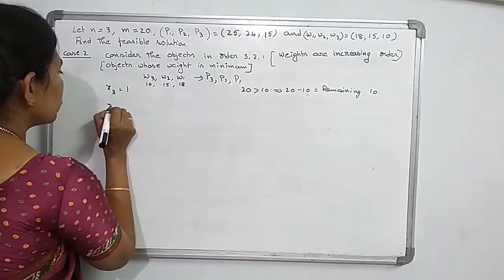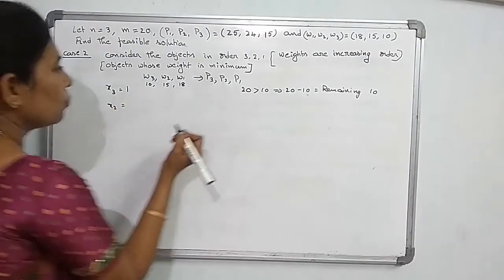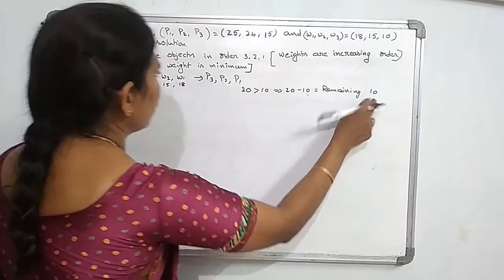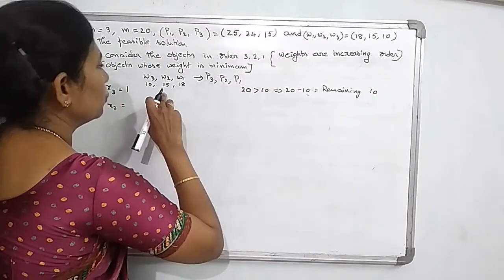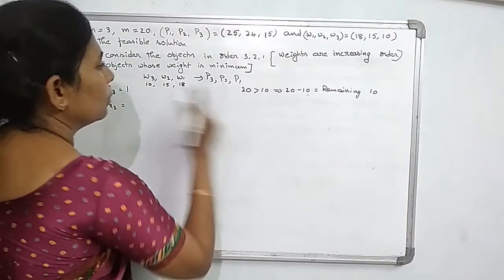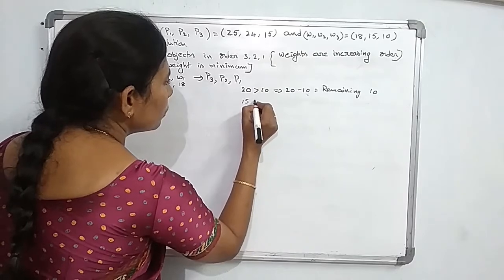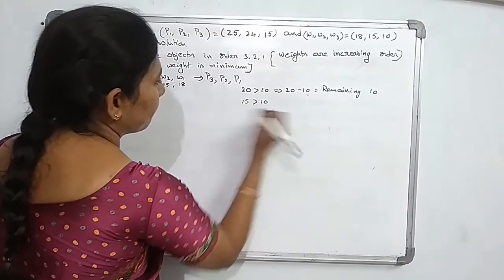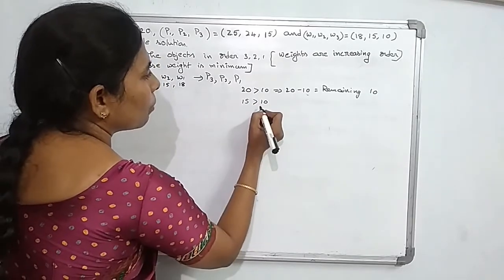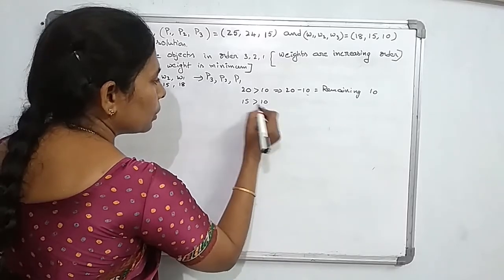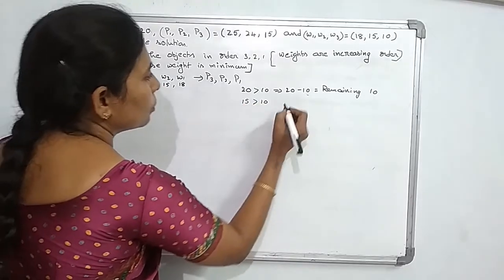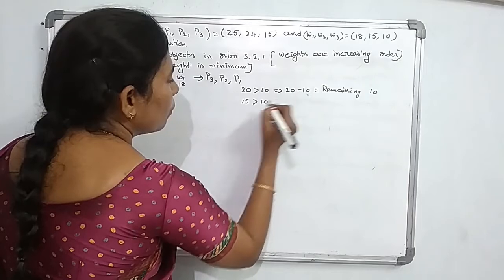Now you can go to the x2. In that, you have the remaining balance 10. The weight W2 is 15. So 15 greater than 10. But it is not possible to take the 15, so in that case you can take the fraction part.